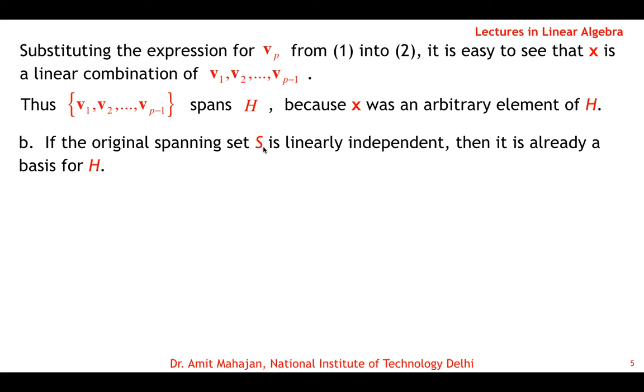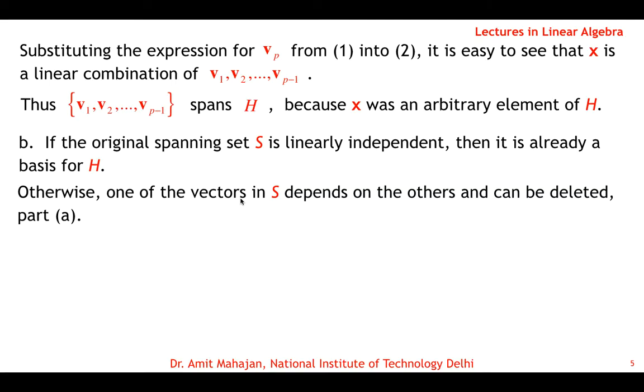But if the set is not linearly independent, then by part 1 we can remove the dependent vector and reduce the set to one less vector. Otherwise, one of the vectors in S depends on the other and can be deleted by the first part. Now this new set, if it is linearly independent, by part 1 it still spans H, so it becomes a basis.